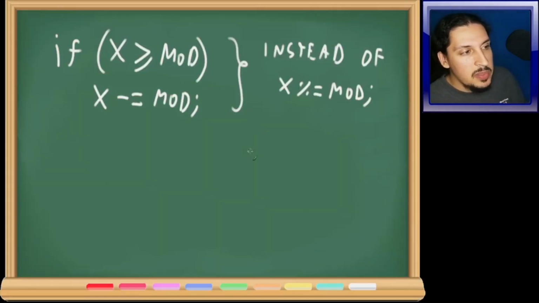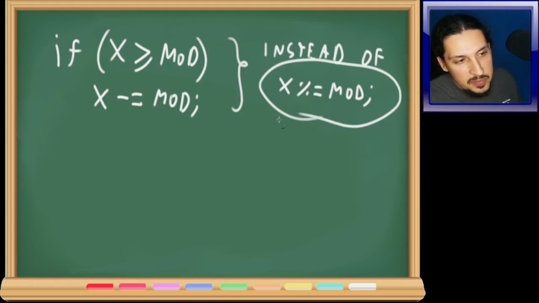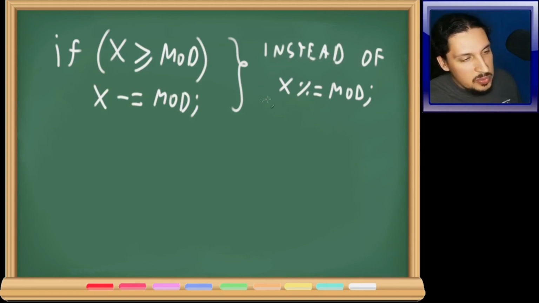A very simple example: maybe you are only adding numbers, not multiplying, so you know you don't go far over the modulus. Instead of doing the full modulus to put it back in range, you might just subtract when you're above the modulus, so you avoid a division.